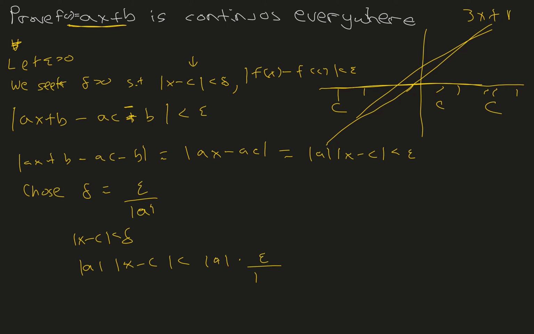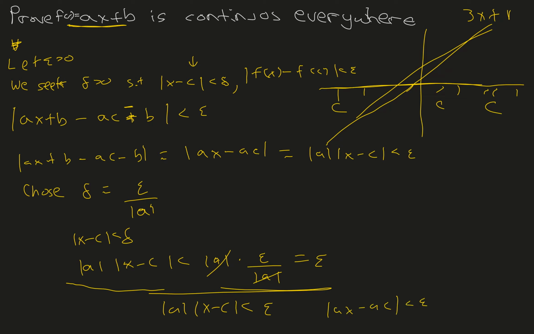These two cancel out, and we get epsilon. We have just shown that |a||x minus c|, which is |ax minus ac|, is less than epsilon. That's what we wanted to show, and we're done with the proof.